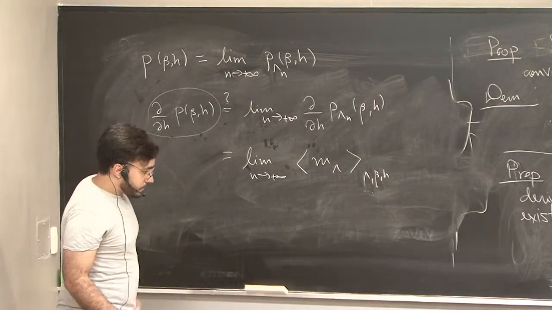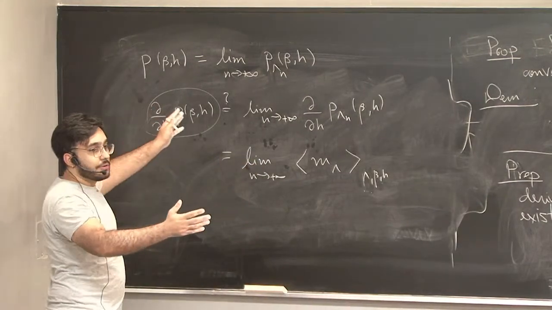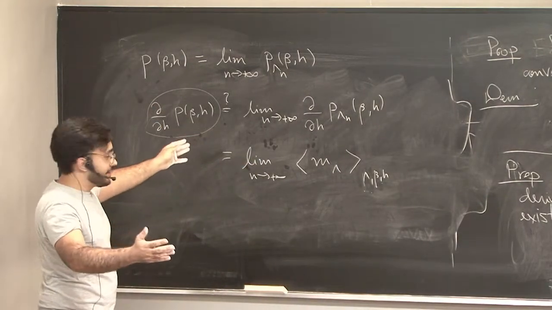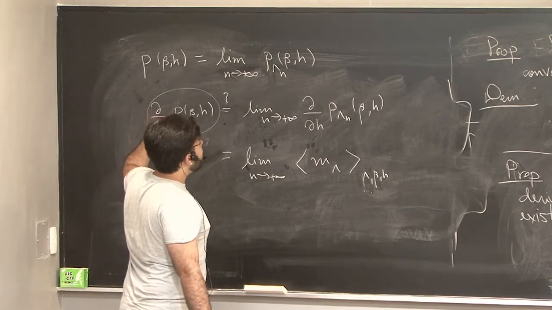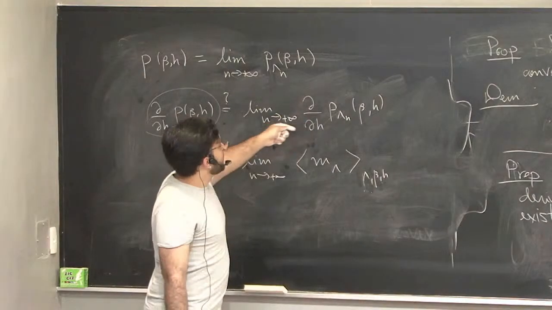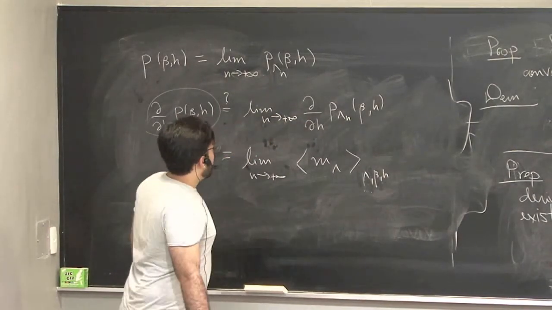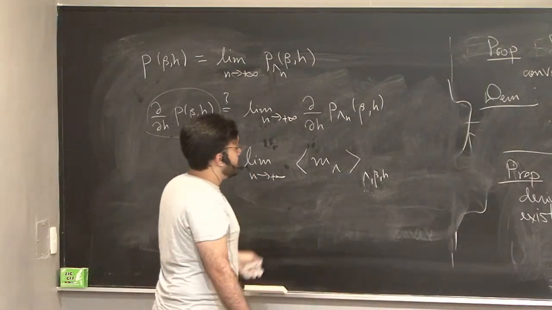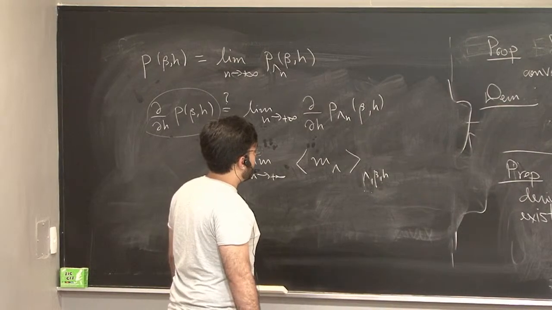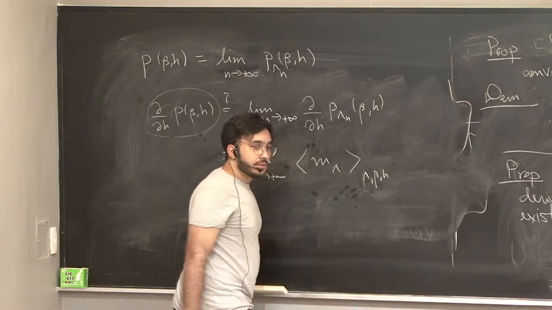Because if all of this that I said, I can show that I can do, the derivatives exist, I can change the limit of the derivative with the thermodynamic limit, then I have this remaining problem to give you what is the meaning of this quantity right here.